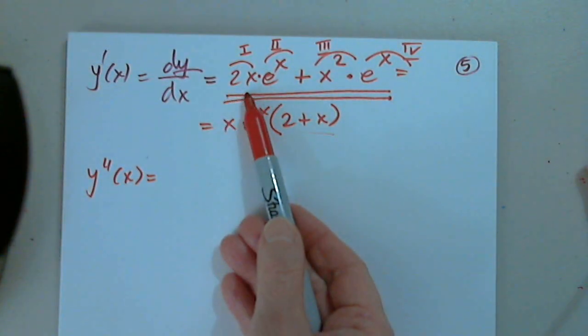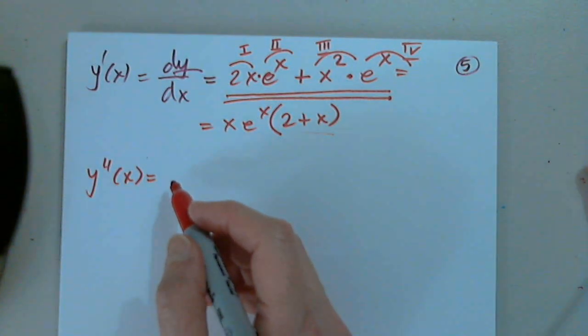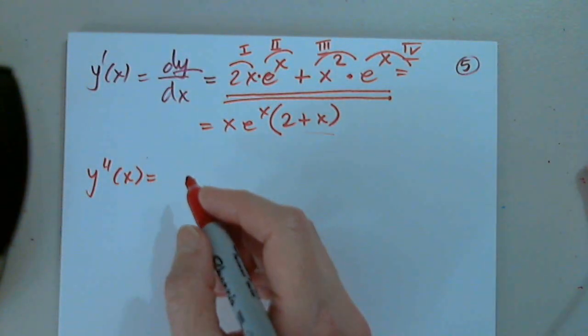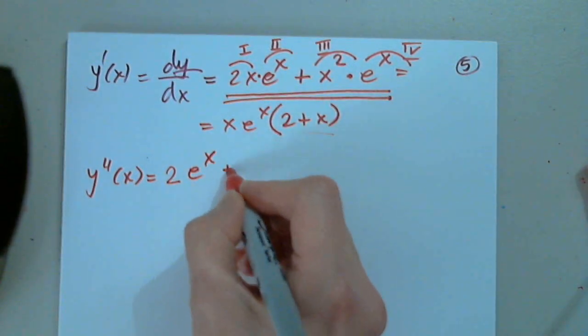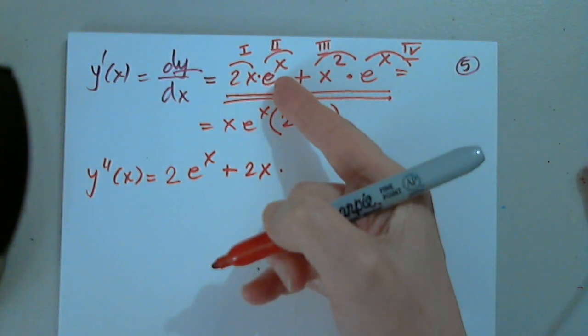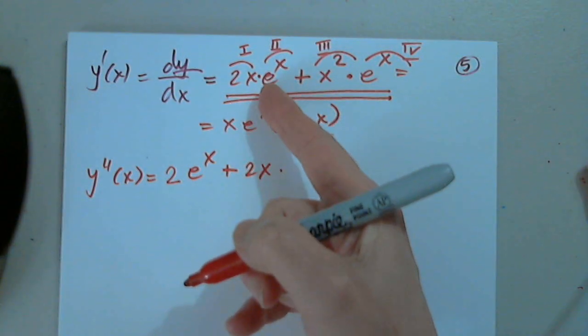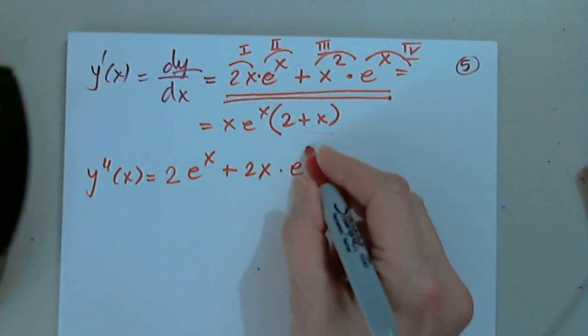So let's differentiate 2x. What do we get? 2. That's it. And I have to multiply by the second function, plus I keep the first function, and I have to multiply by the second one prime. But this is a nice function. This is the nicest of all. E to the x prime is e to the x.